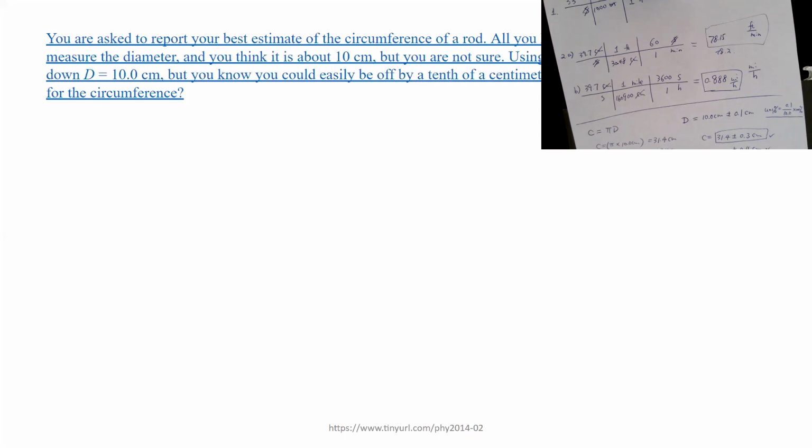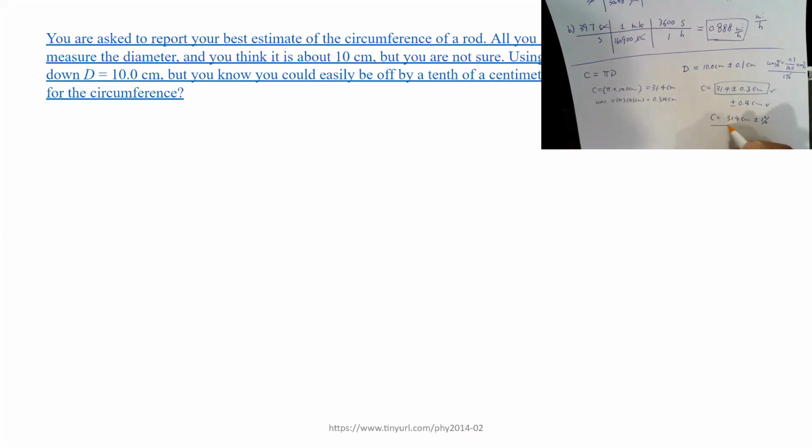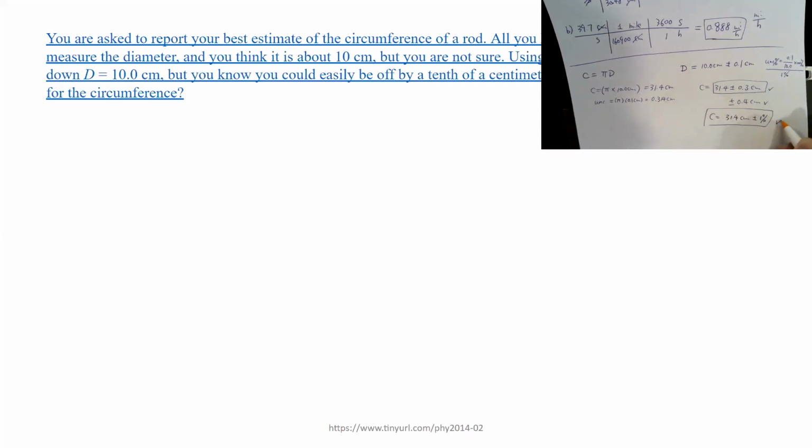So that will be 1%. You can report your circumference as 31.4 centimeter plus minus 1%. Both ways are fine, either that one or that one.